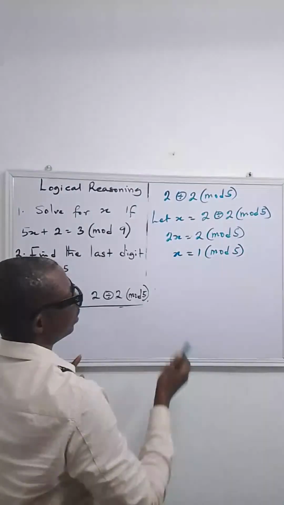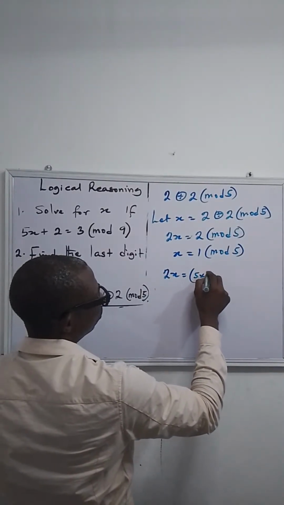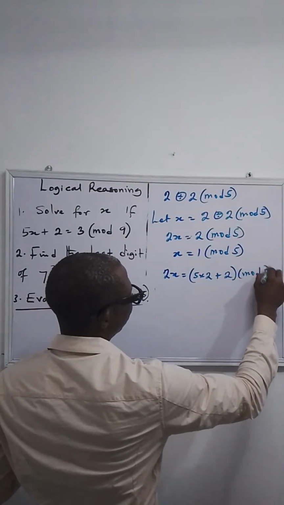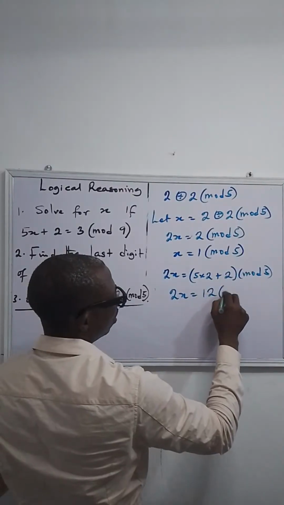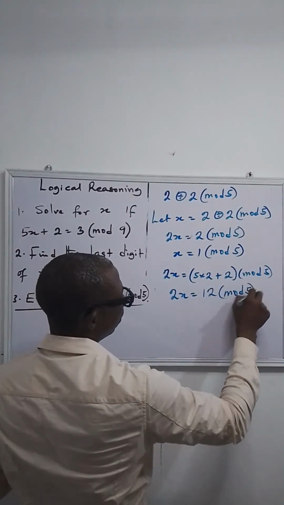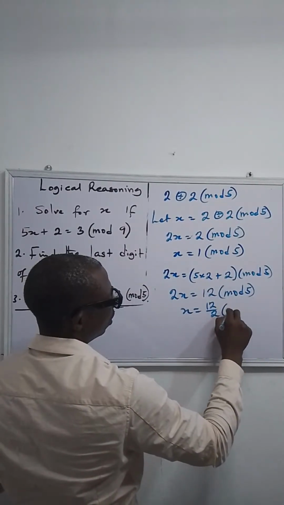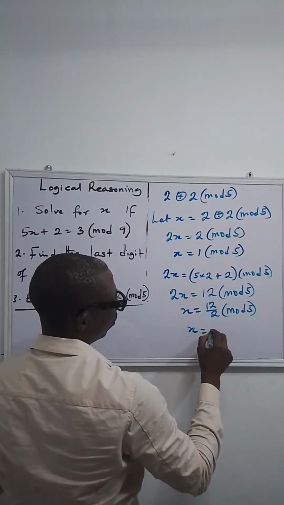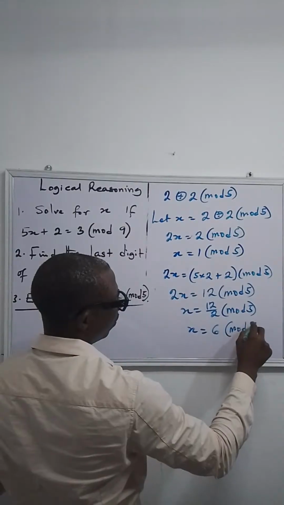So that means we have 2x equals 5 times 2 plus 2 in mode 5. So we have 2x equals 12 mode 5. So we have x equals 12 over 2 in mode 5. So x equals what? Equals 6 in mode 5.